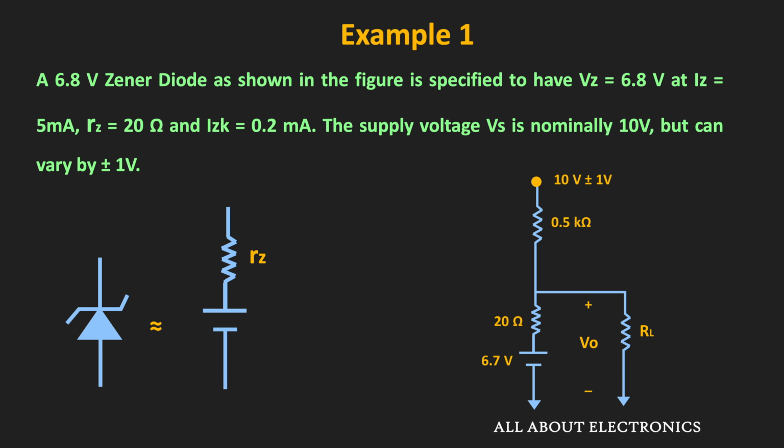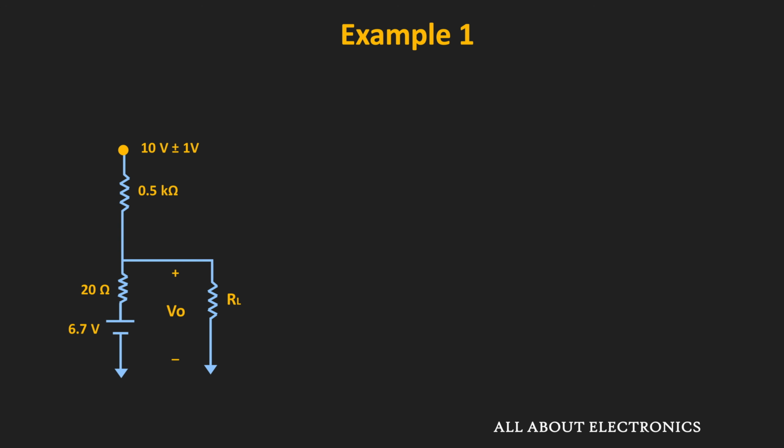So for the given circuit, now let us find the value of the line regulation and the load regulation. First of all, let us find the load regulation. To find the load regulation, first let us find the no load voltage. That means at that time, the current through the load is equal to 0 milliampere. And here, we will find this load regulation at the nominal voltage.